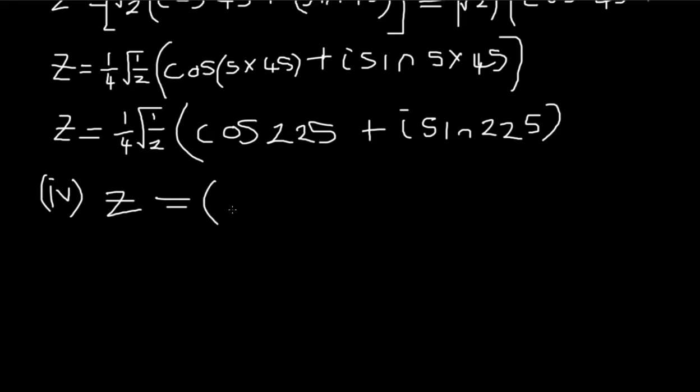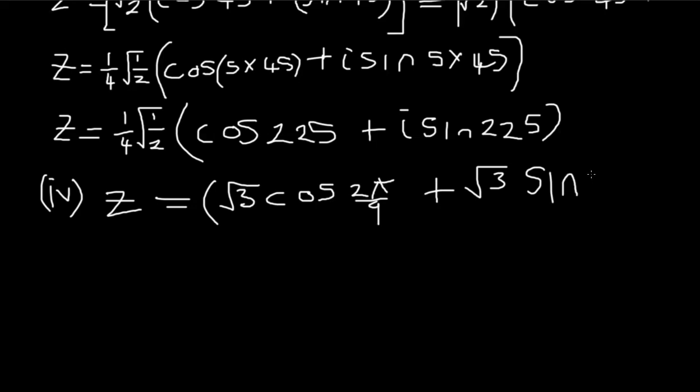open brackets root 3 cos 2 pi over 9, and then plus the root of 3 sin 2 pi over 9, to the power 6.